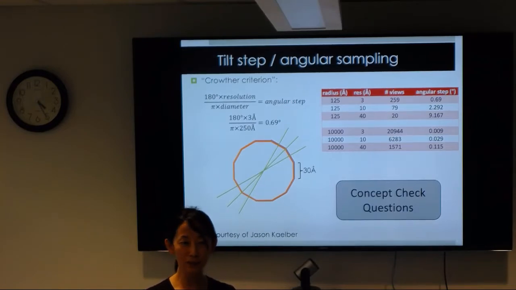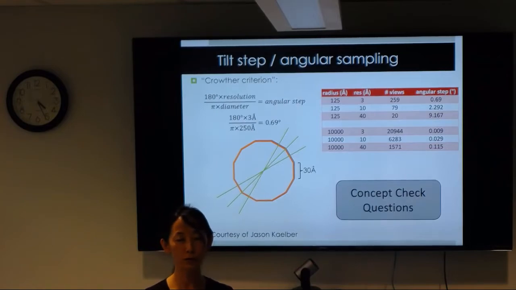As I mentioned in my previous slide, there is only so much total electron dose you can apply to your sample, right? So if you have, let's say, 180 electrons per angstrom squared you can use on your sample, do you want to take 60 images with 3 electrons per angstrom squared per image, which is probably going to give you a pretty good contrast, clear image of the cell?